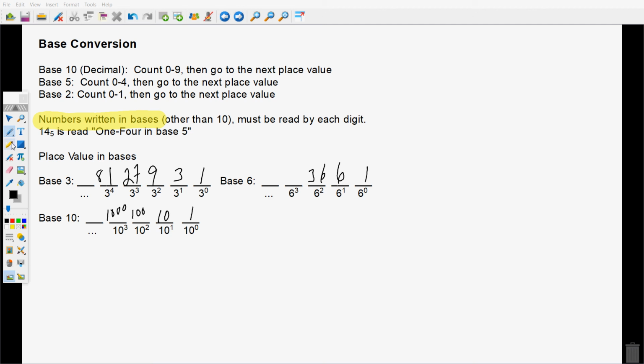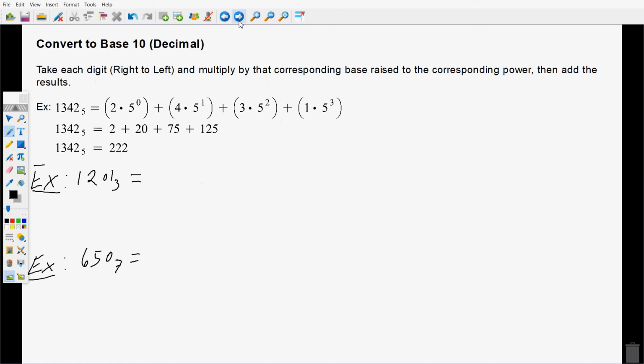So now let's get some examples on converting with bases. To convert to a base 10 system, also called the decimal number system, you want to take each digit from the right to the left and multiply by the corresponding base raised to the corresponding power, then add the results.